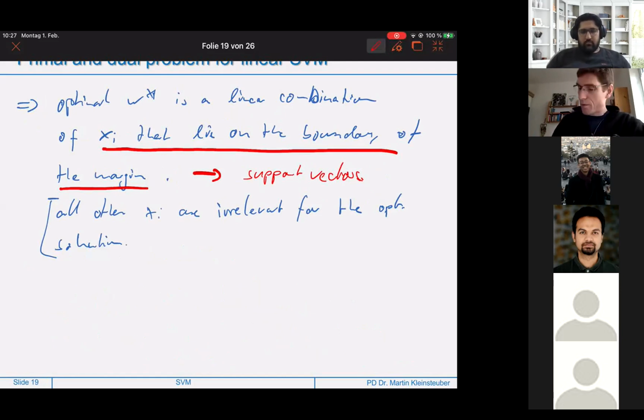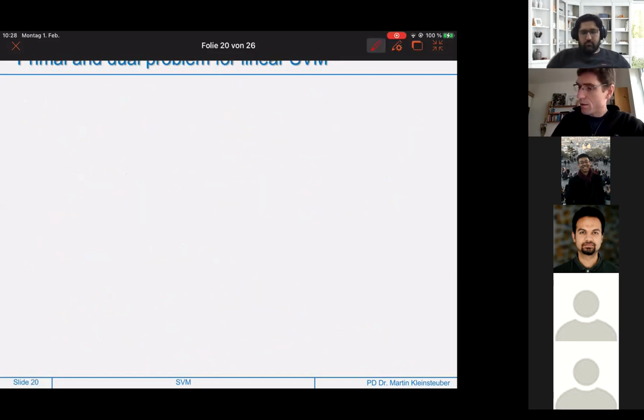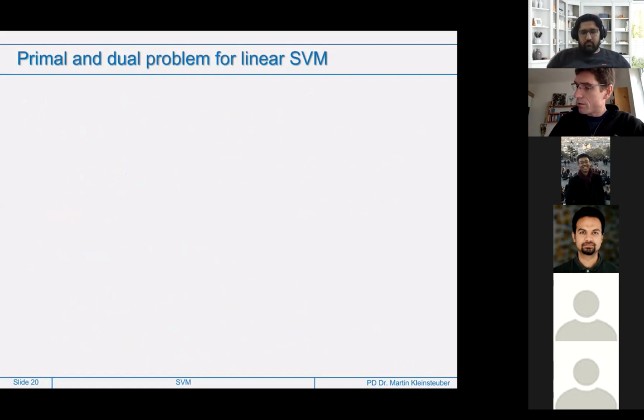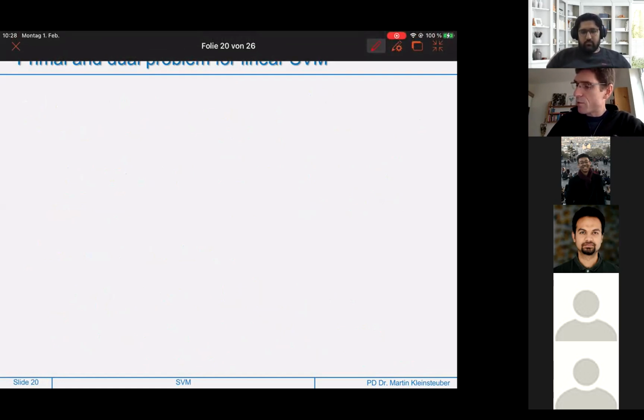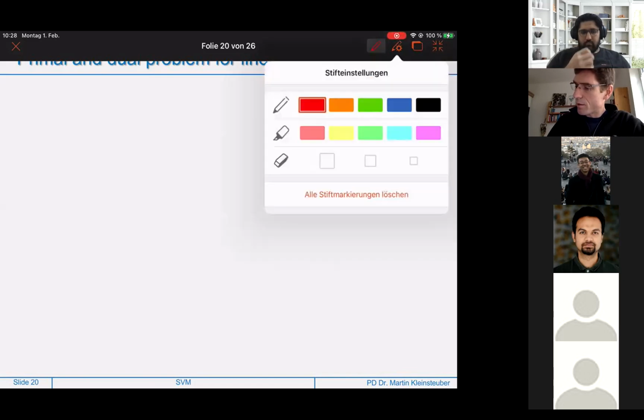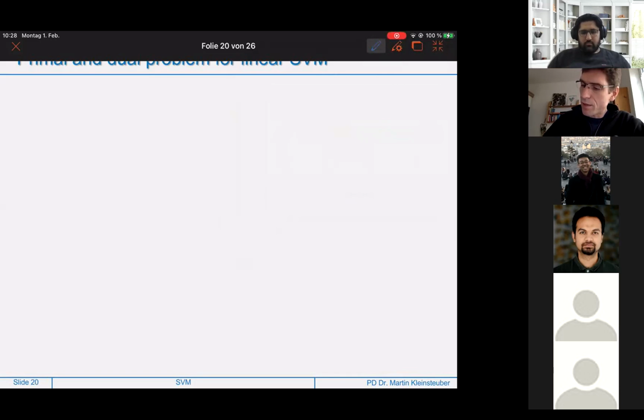So this Lagrangian function is now... I mean, this is really some work that every one of you should be able to do in a few calm minutes at home. So we have the Lagrange function L of W star, b star, and lambda star.